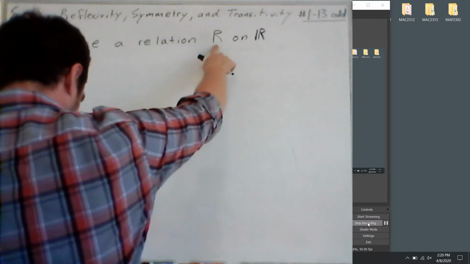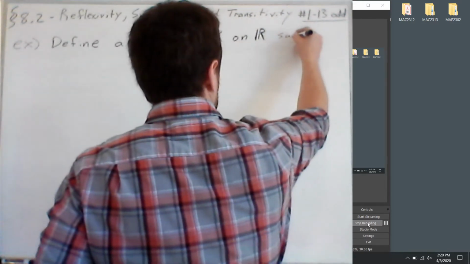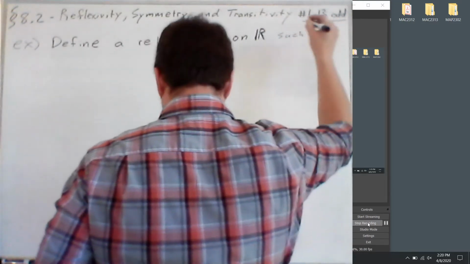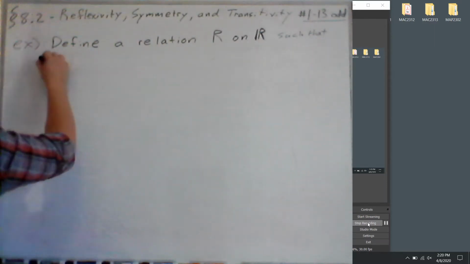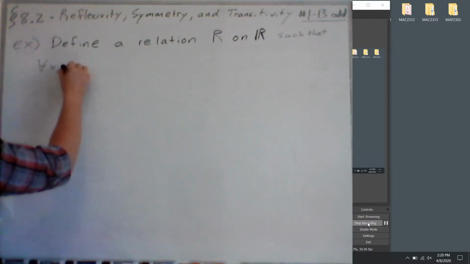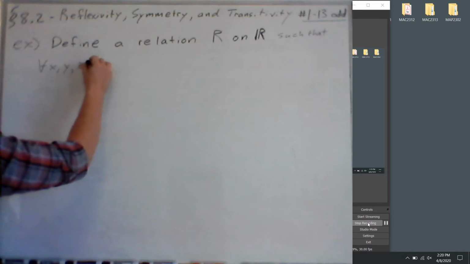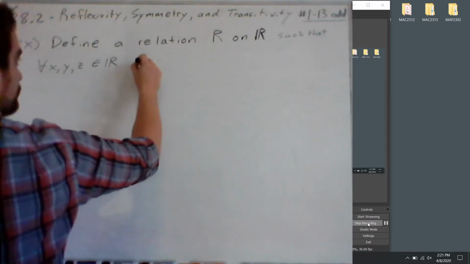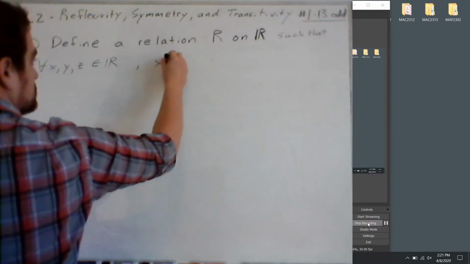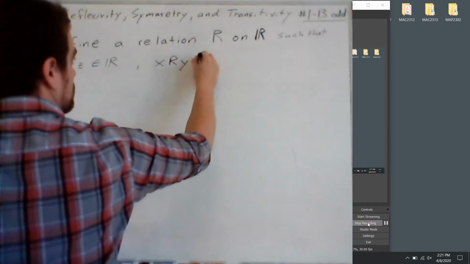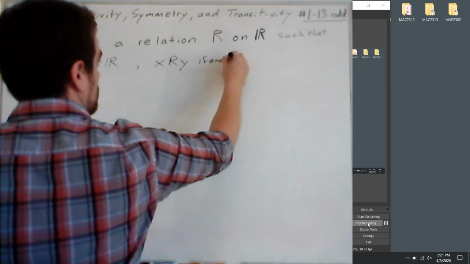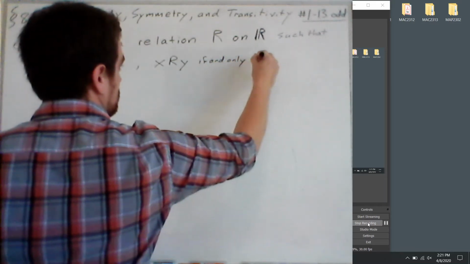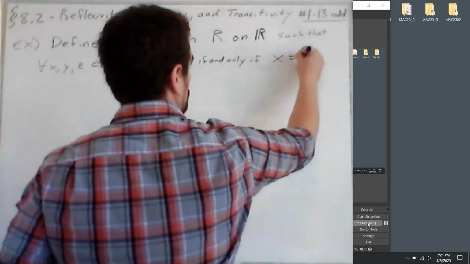R is just the relation such that for all x, y, and z in ℝ, x is related to y if and only if x is equal to y.